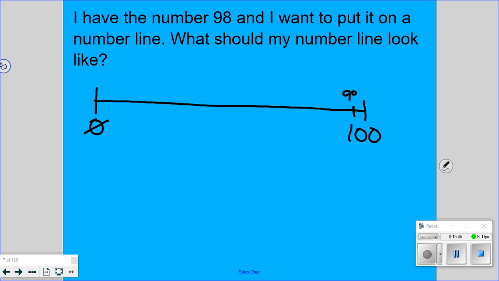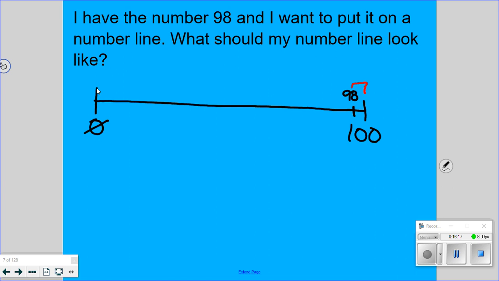Why is 98 really close to the 100 on this number line? Macklin? How many numbers are in this section? How many numbers are in that section?